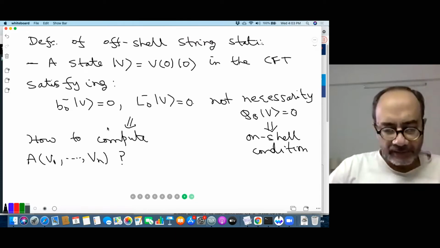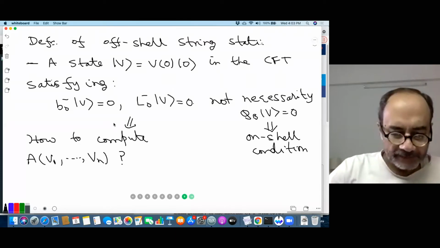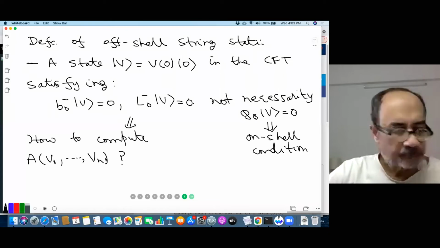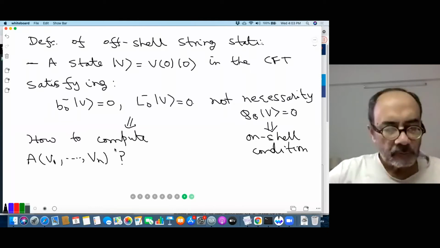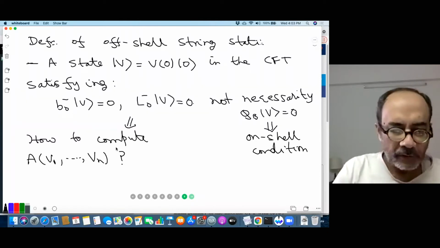Exactly what is the formula for this A. So to do this, we will begin with a general description of a Riemann surface.